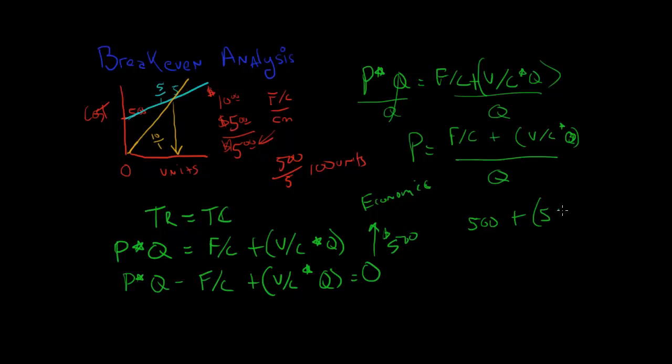I wanted to sell 100 units, so 100 units, divided by the quantity, which is 100 units. So that would be 1,000 divided by 100, and that would be $10 as the price, and there we have the $10.